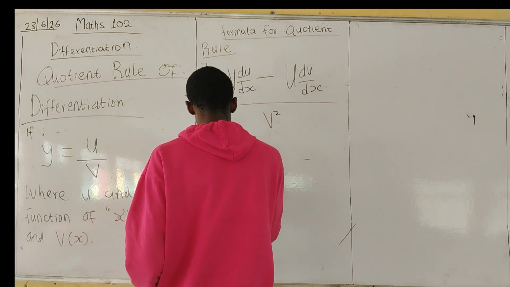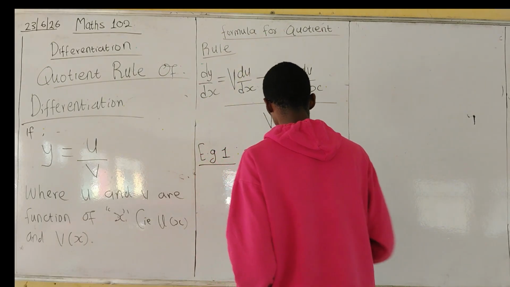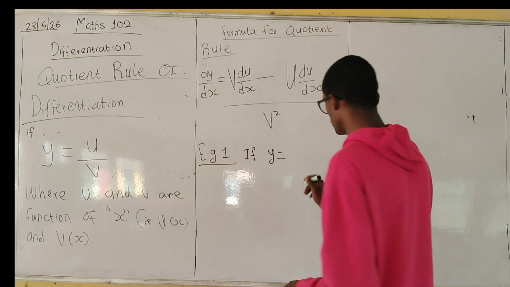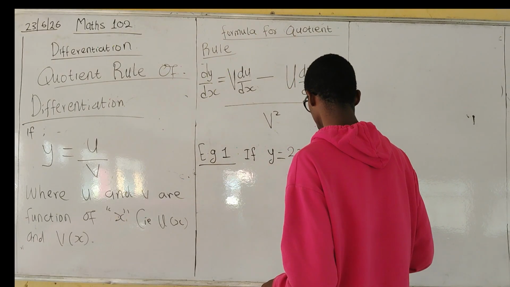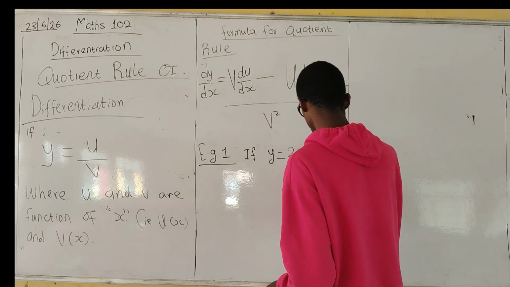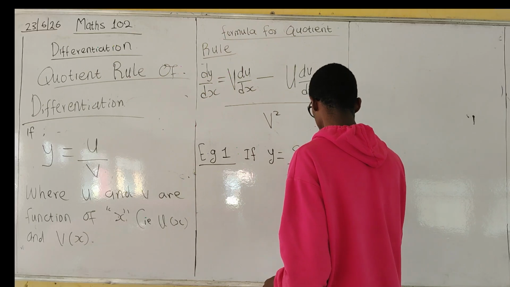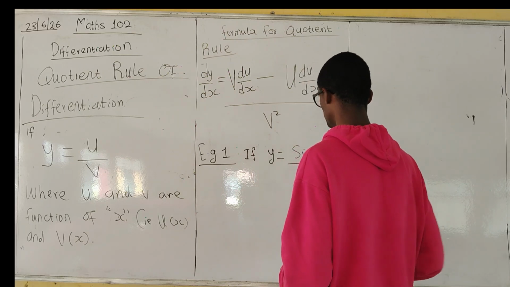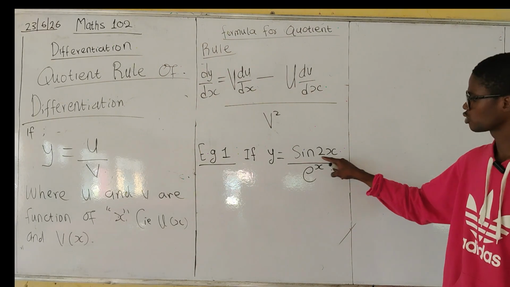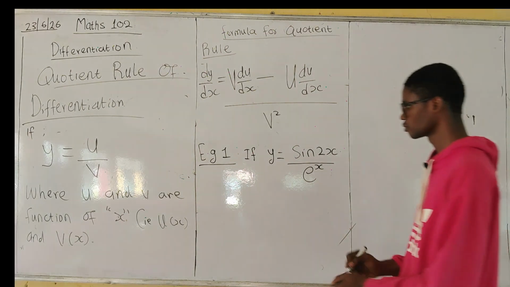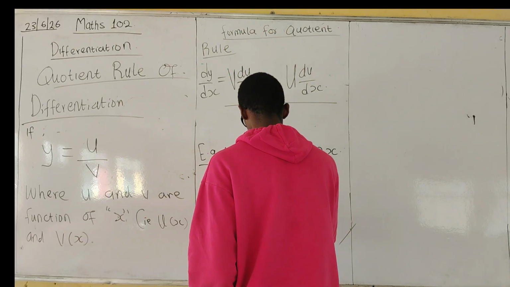Example 1: if y equals sine 2x over exponential x, let's take a simple function first. Find y prime.